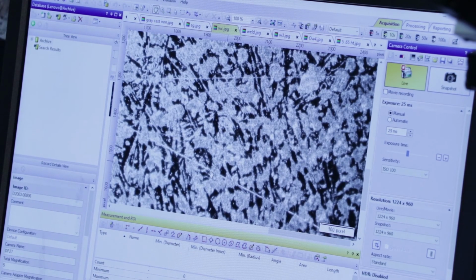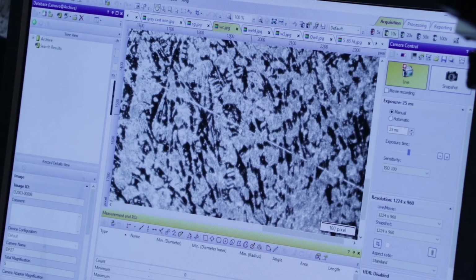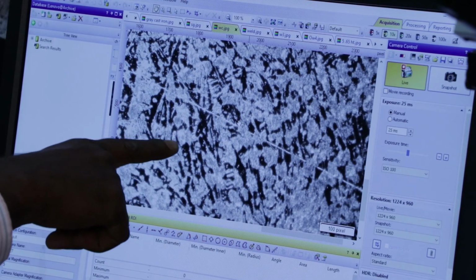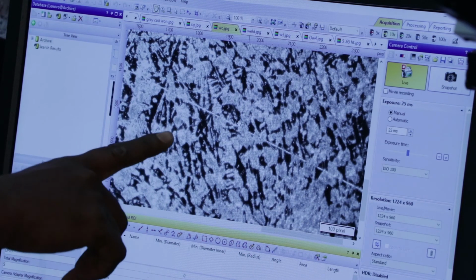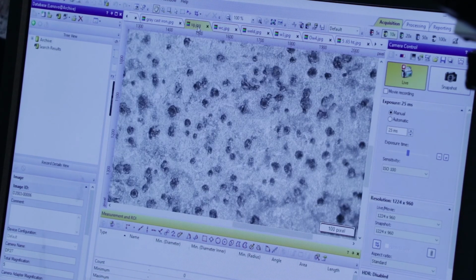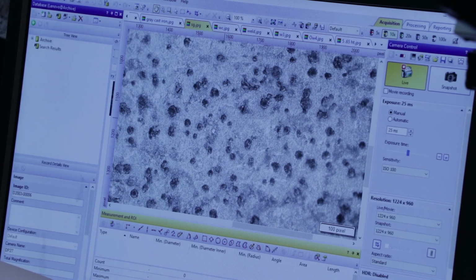this is the white cast iron microstructure. From this microstructure, the graphite percentage is more. Sir has already described the third sample, that is spheroidal cast iron.